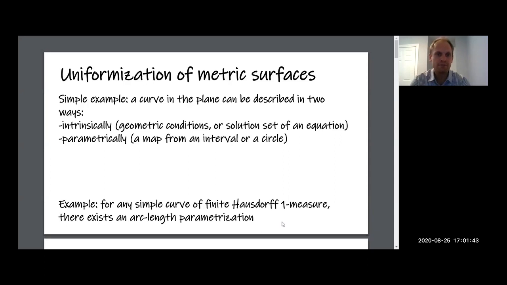Or you can think of the curve parametrically as being identified with a map from an interval or a circle. An example of this is that any curve of finite Hausdorff one measure, or finite length, you can always find an arclength parametrization of that curve. And it gives two different ways of thinking about the same object.